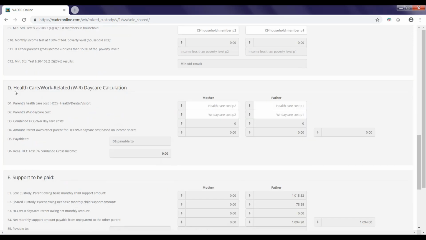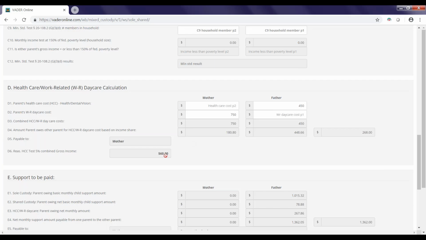We go down to subsection D. Let's assume that dad is paying for health care for all of the children at the rate of $450 per month. And let's assume that for her 3 primary custodial children, mom incurs a daycare expense of $750 per month.